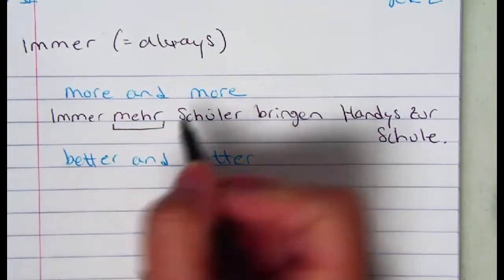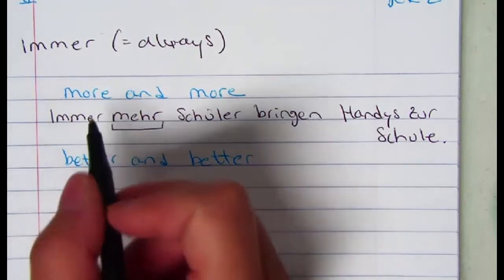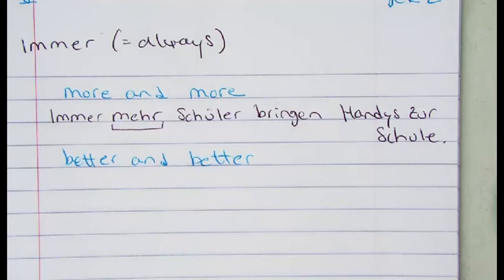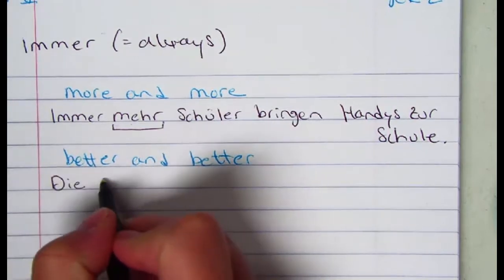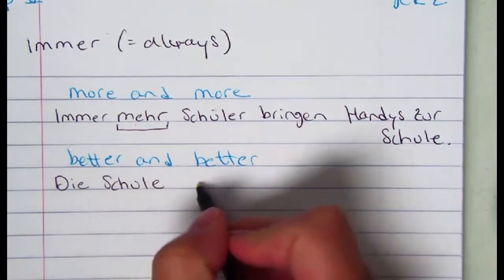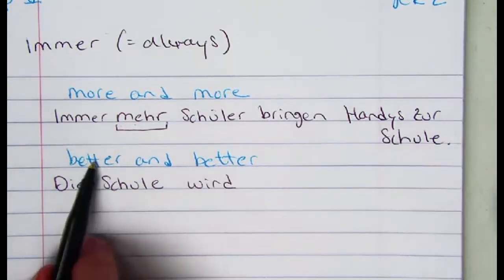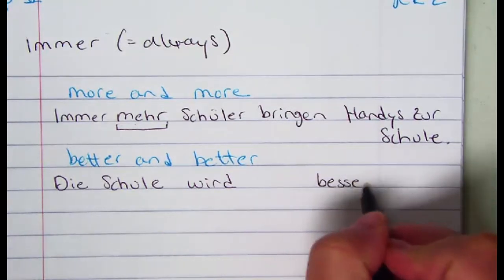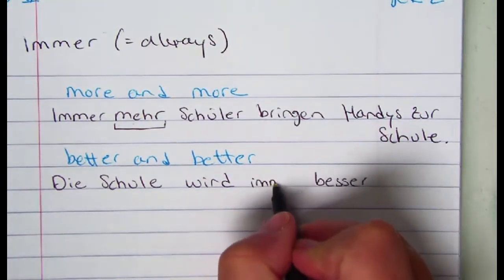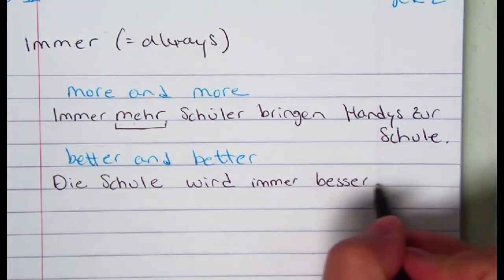So you've got the comparative form once, and you're preceding it with immer. Okay, if I wanted to say, let's just make it easy, school is getting better and better. In German, I would say, die Schule wird, becomes or gets, better and better. I'm going to use better once, so besser, and I'm going to add immer in front of it to say better and better, so immer besser.